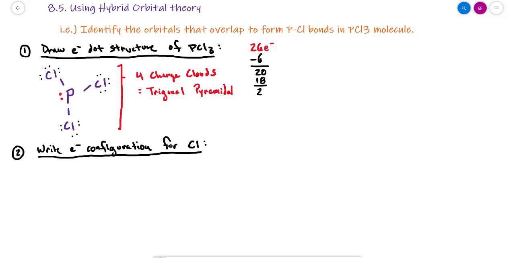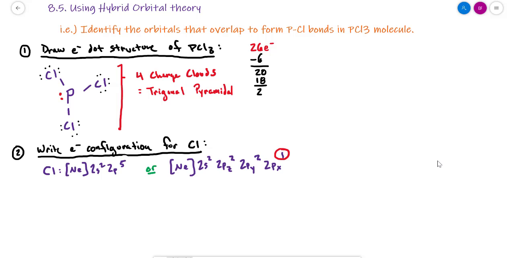Let's write the electron configuration for the chlorine atom in PCl3. Pause the video and make sure you can write that out. Chlorine is in group 7A, so we could write that as the closed shell neon, 2s2, 2p5. We know that should have 7 valence electrons, which it does. I could write this more explicitly, which will help me in thinking about the bonding, as closed shell 2s2, 2pz2, 2py2, and 2px1.